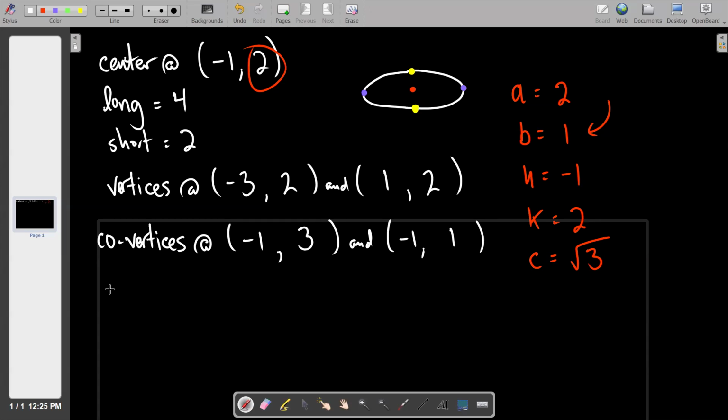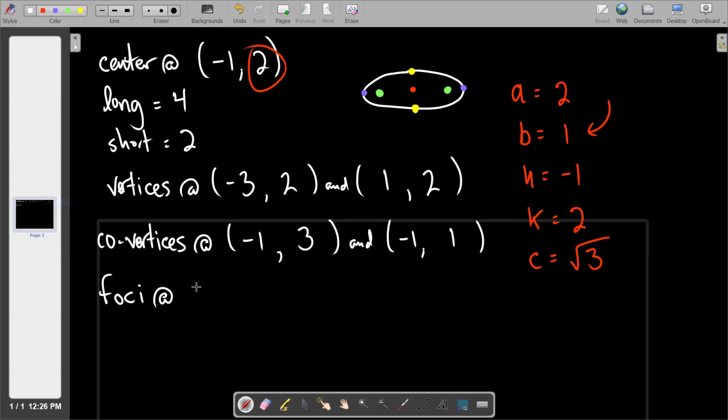And then the final step is to do the foci. The foci in this picture would be the green dots. To get to the green dots, I have to go sideways. So it's my x that's changing, but my y's are staying the same.